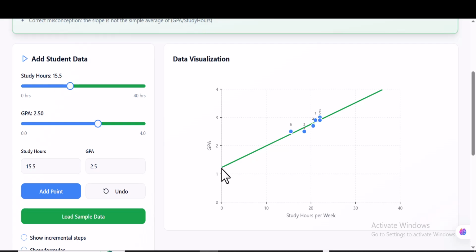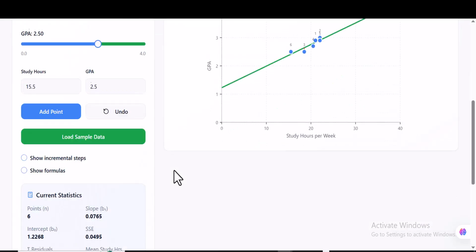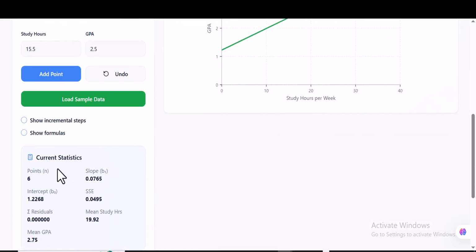The second important information of this model is the rate of change. How much study hours contribute towards the GPA, and that rate of change is called the slope or the beta coefficient. If you look at the values here, you can see that the slope is 0.0675, and again we are not going into the calculation of how this value is calculated.